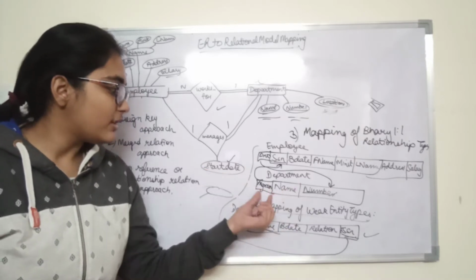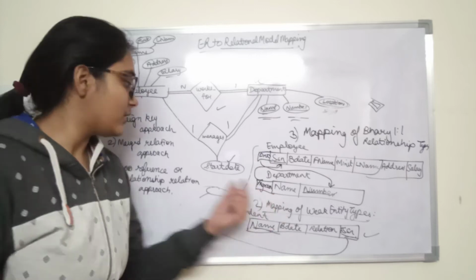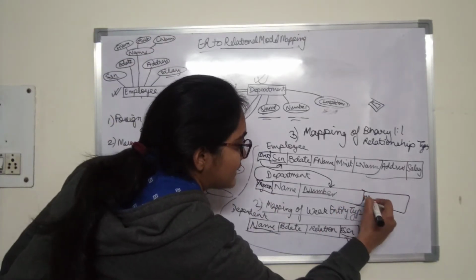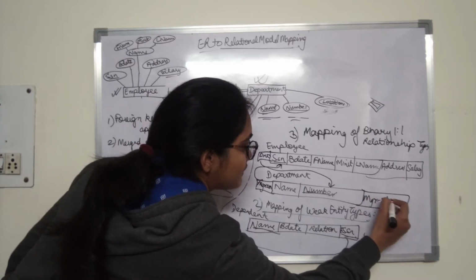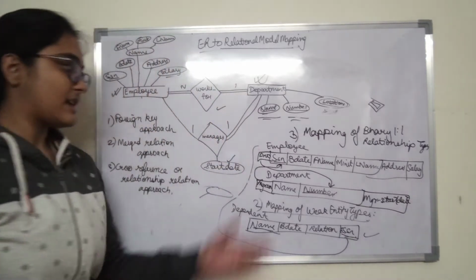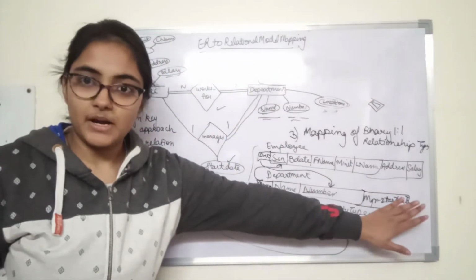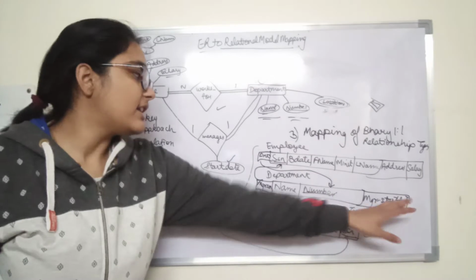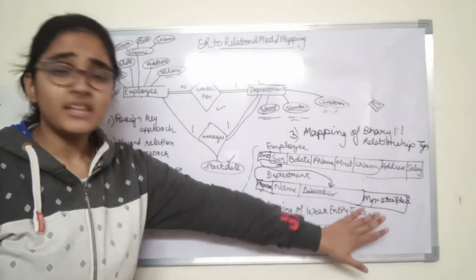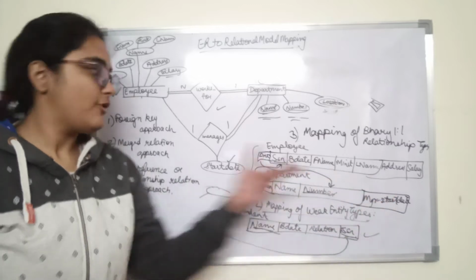So we have included the foreign key here, so we will include this attribute also here. Let us rename it as MGR start date, that is the date on which the manager started managing this particular department, right?